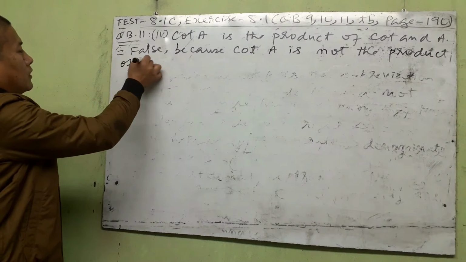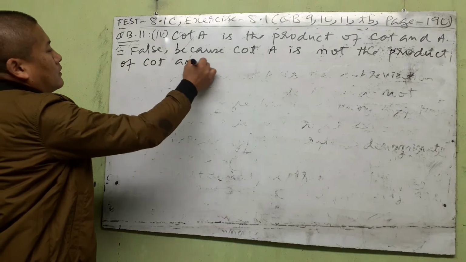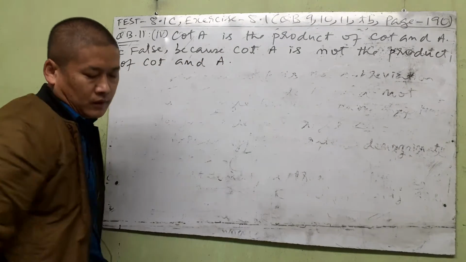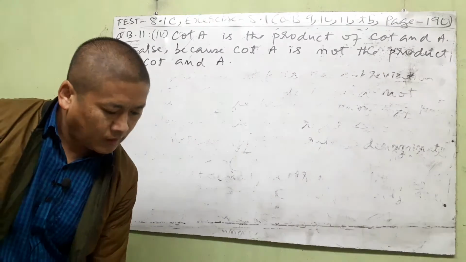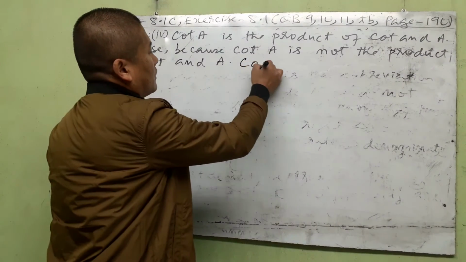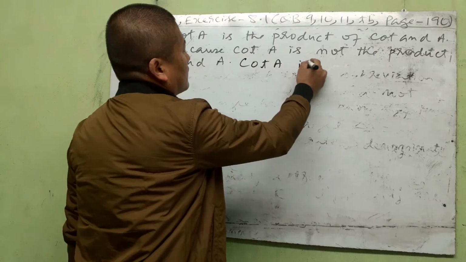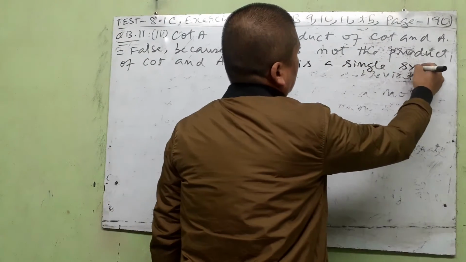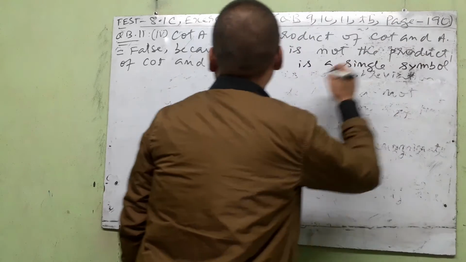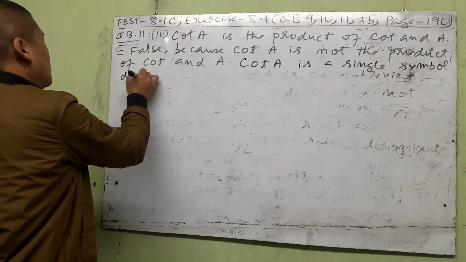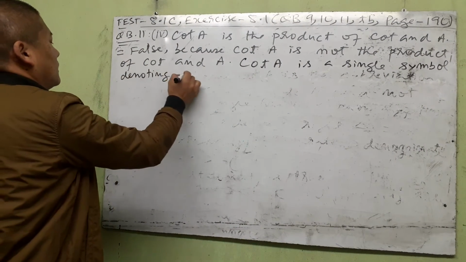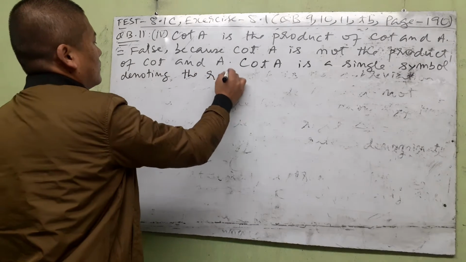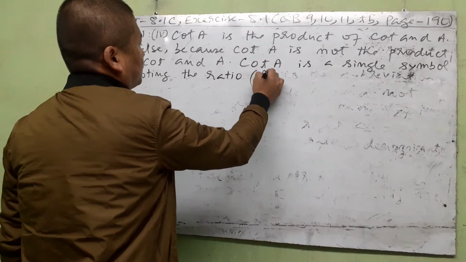of cot and A. Then what is it? Okay, cot A is a single symbol. It's not a product. Cot A is a single symbol denoting the ratio. What ratio?